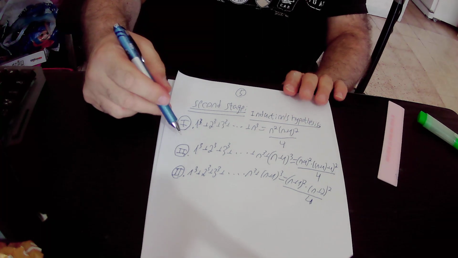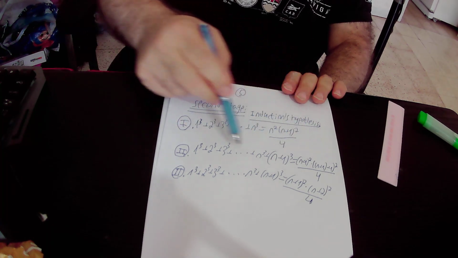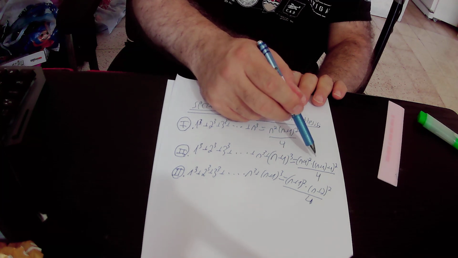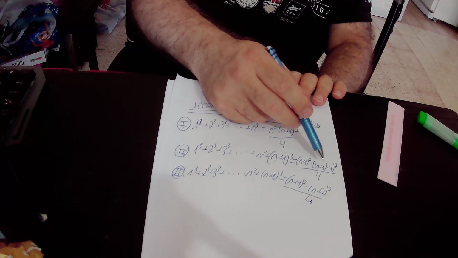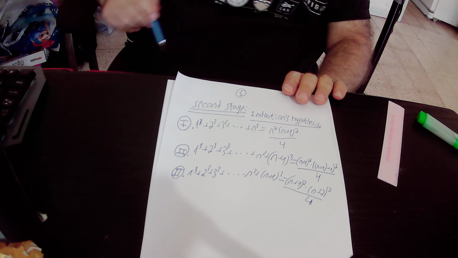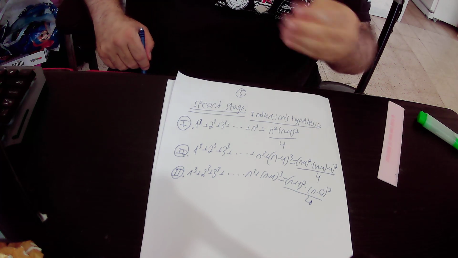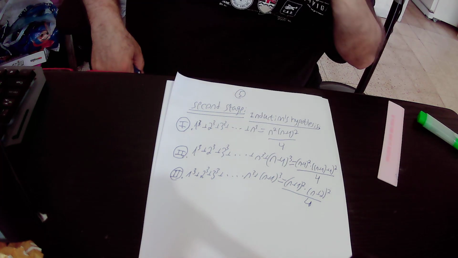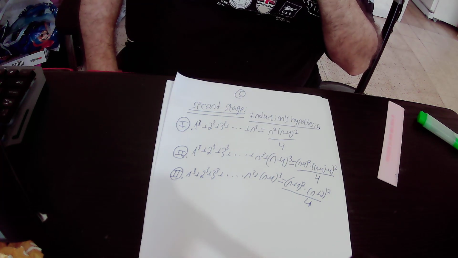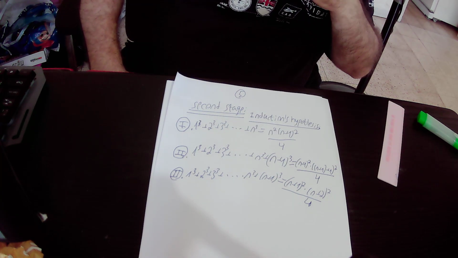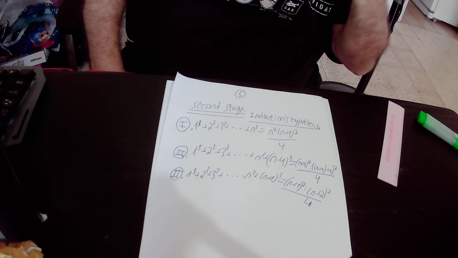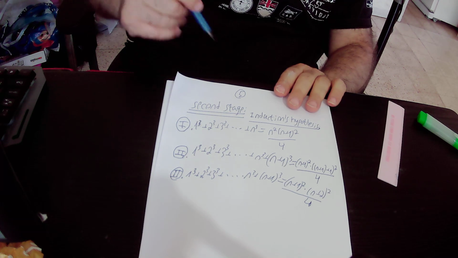So the only change from this line to this line is that we changed n plus 1 to n plus 2. The other things are the same. We copy it from here to here, and actually we will do the same process as we did in the first example.